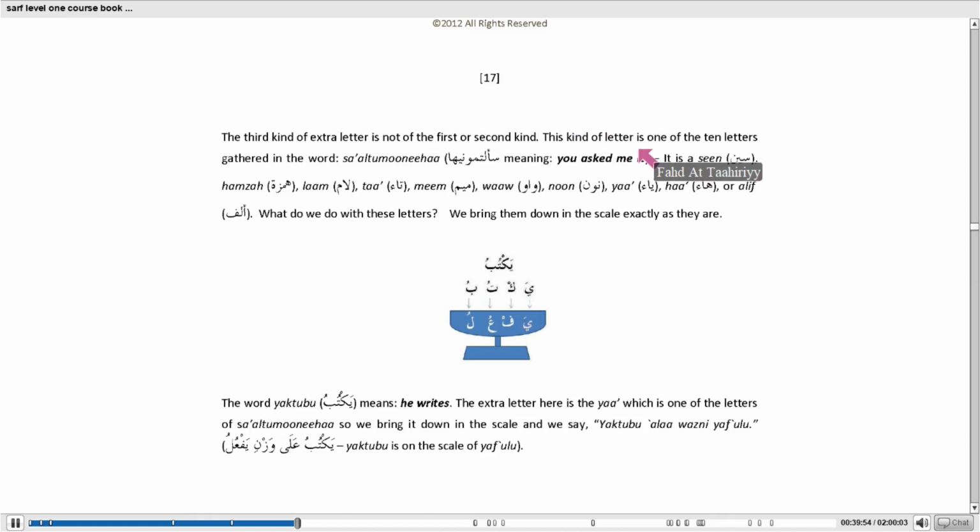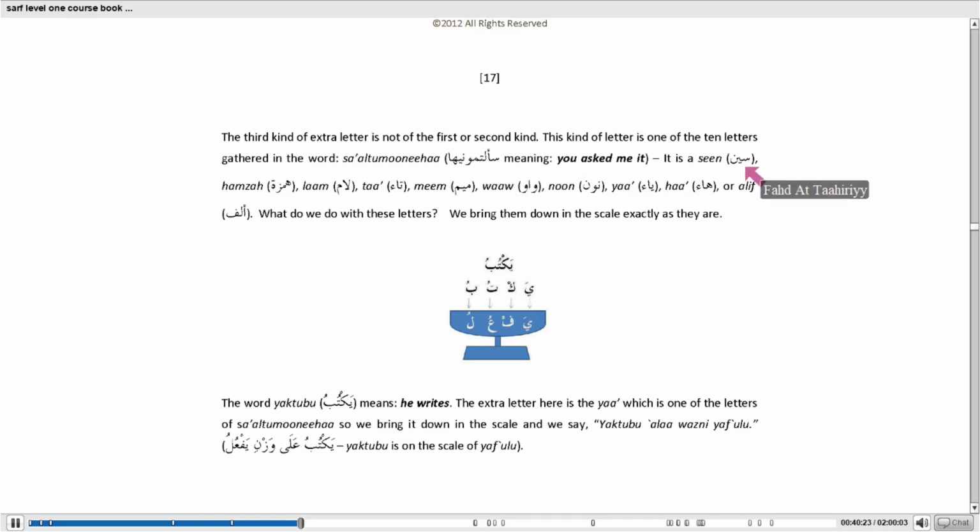This kind of letter is one of the 10 letters gathered in the word سألتمونيها. Yani, this word gathers all the letters that could possibly be extra letters of this kind. They just made up this word to gather all those letters.